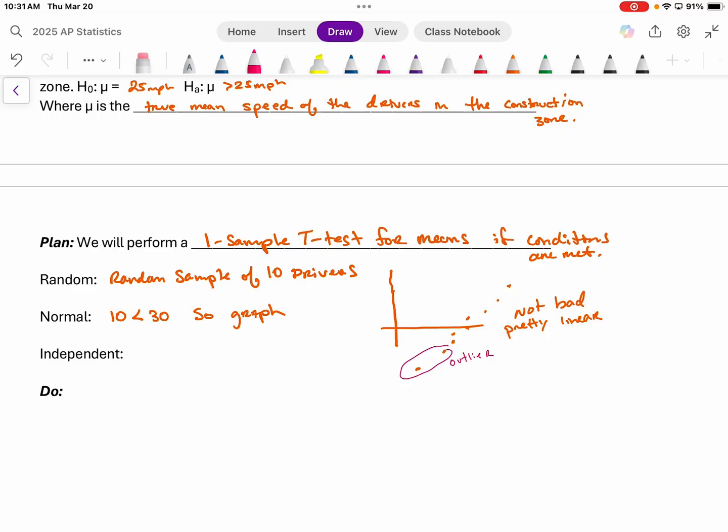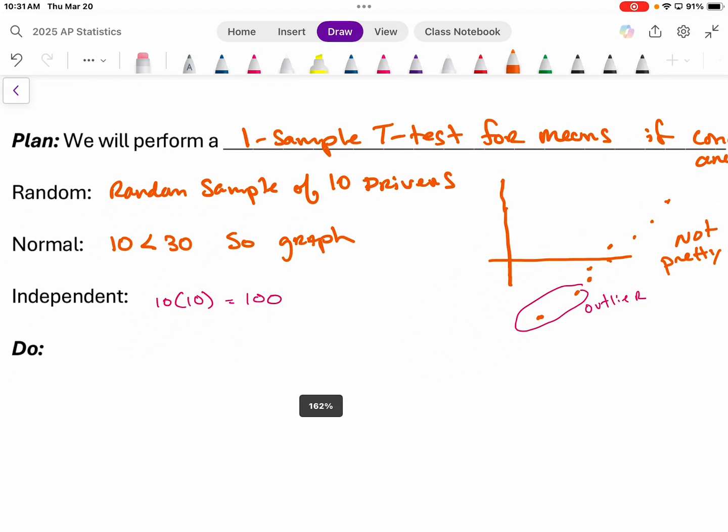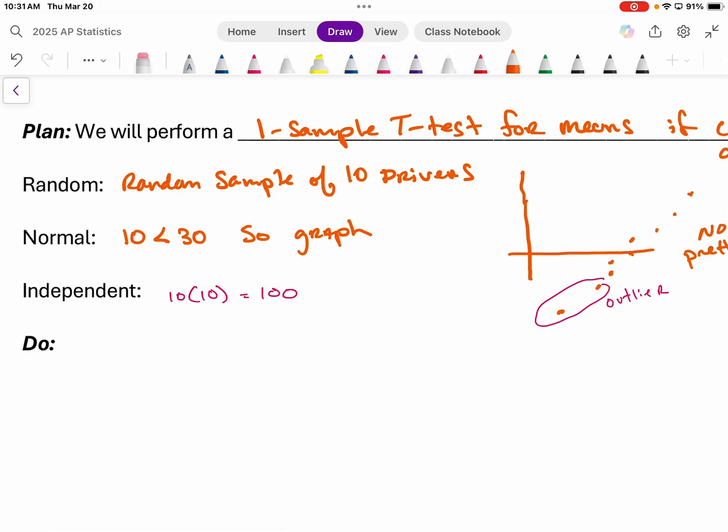Independent. 10 times 10 is 100. So again, on this one, if you think about it, does one driver's speed affect another in a construction zone? Does somebody driving in a construction zone, does their speed affect somebody else's? Yeah. So we got to say, okay, that may not be the reason why I say they're independent.